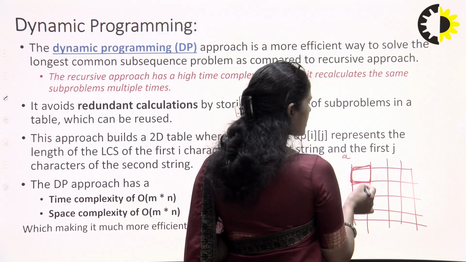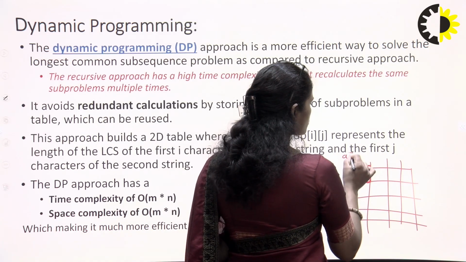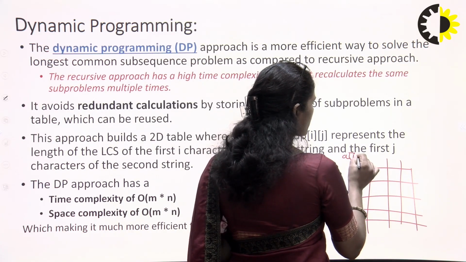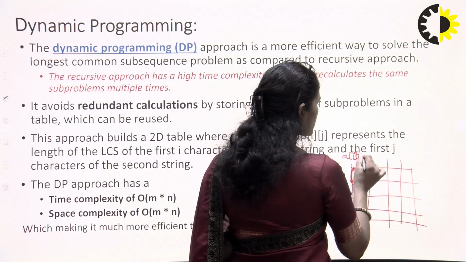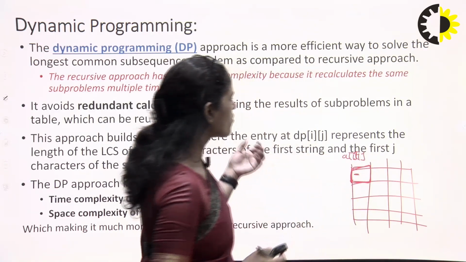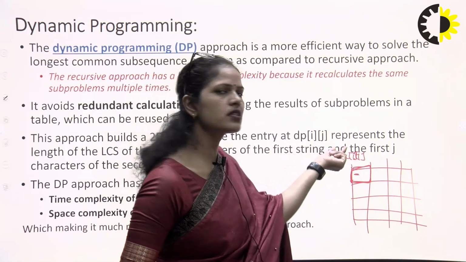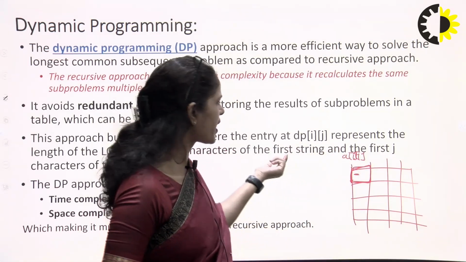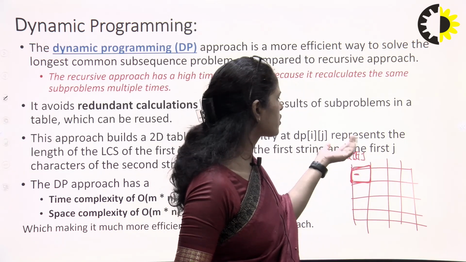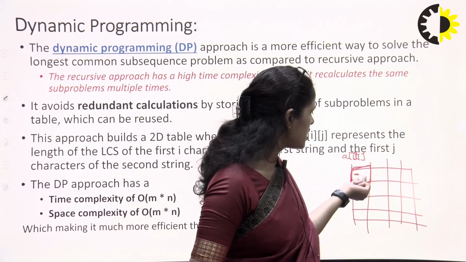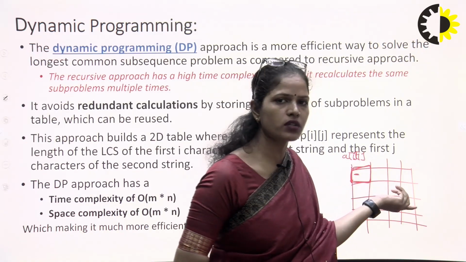Let's say this is the matrix, a 2D matrix. So how can we calculate this particular cell index i, j, right? So i, j is the index where we are storing some data, which is common in two strings, or which is not common in the two strings. So every piece of data will be stored in a 2D form, whether common or not, right?